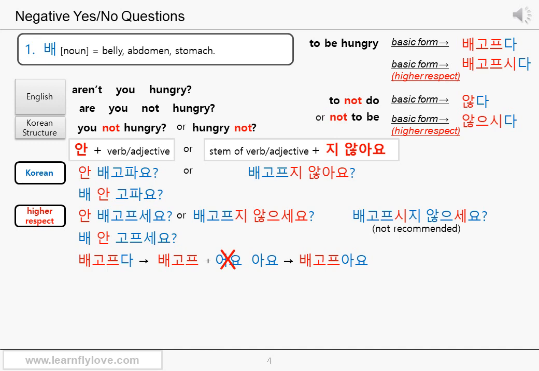But since there is no final consonant with the last letter of the stem 프, we should combine 프 and 아. But we know there is no compound vowel which sounds 으아. So the 으 sound has gone and only the 아 sound survives.